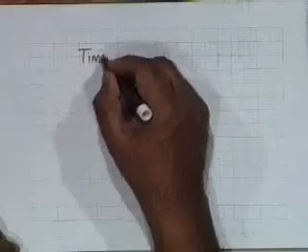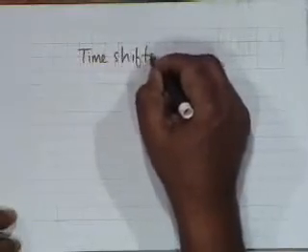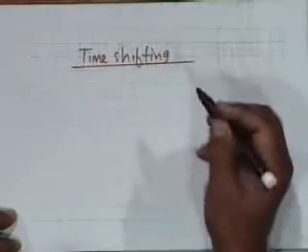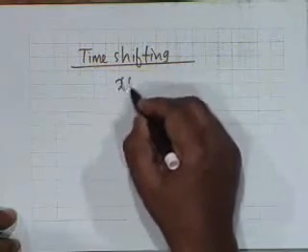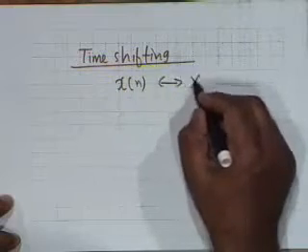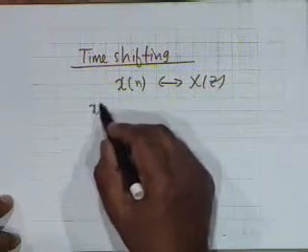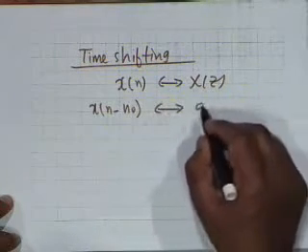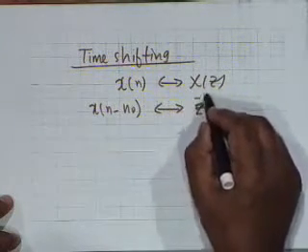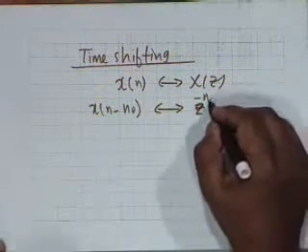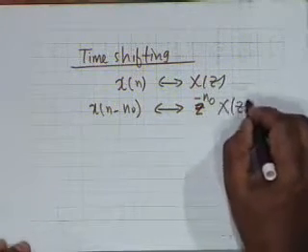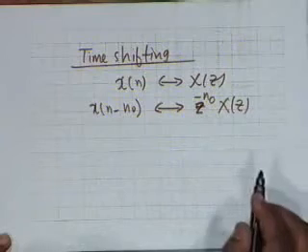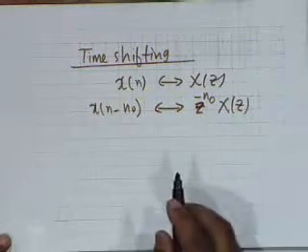Next we consider time shifting. That is, if x of n has the pair capital X of Z, then x of n minus n0 has Z to the minus n0 capital X of Z. Now the proof is elementary.